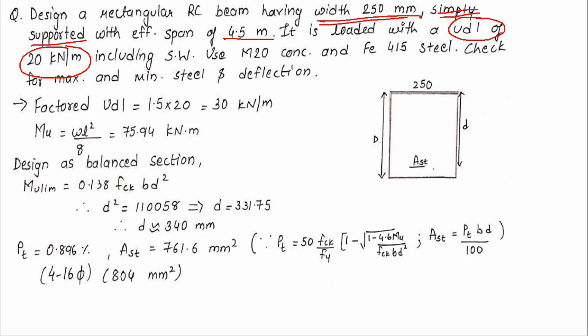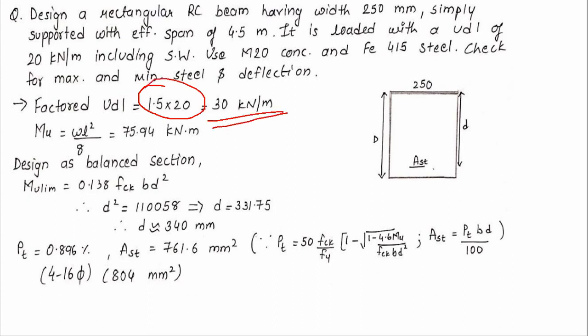But it is not mentioned that it is a factored load or a design load. So the first thing will be to multiply it by the partial safety factor. Multiplying by 1.5, we get a factored UDL of 30 kilonewton per meter.